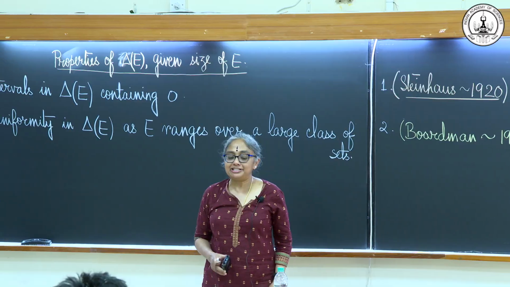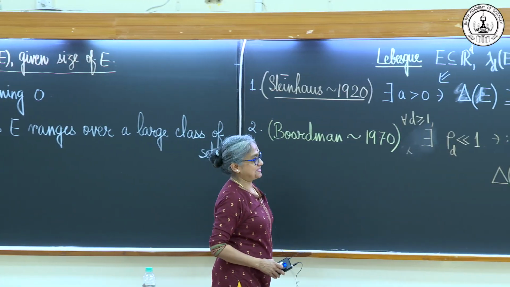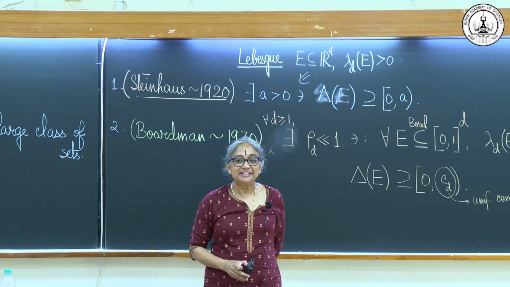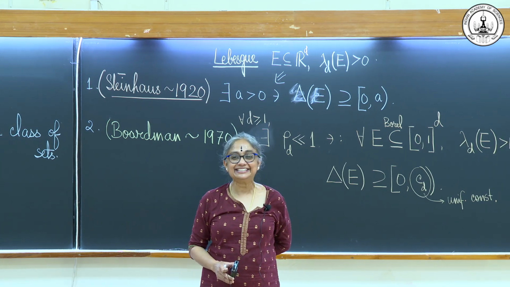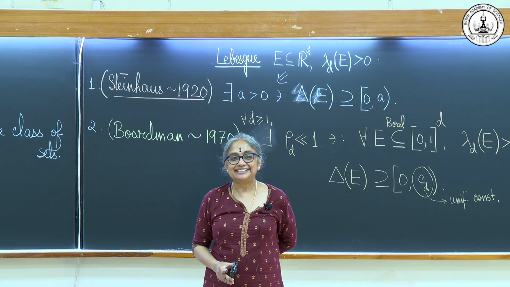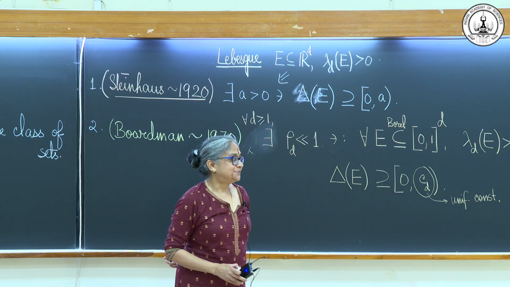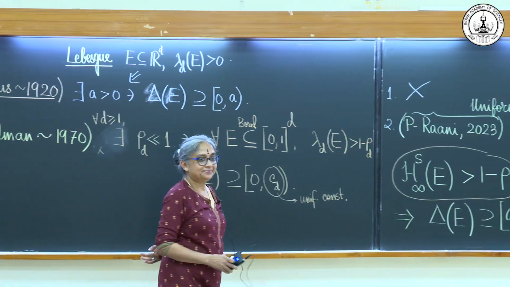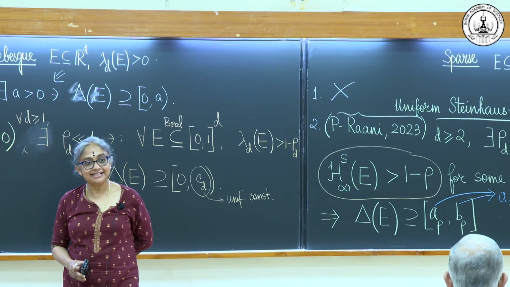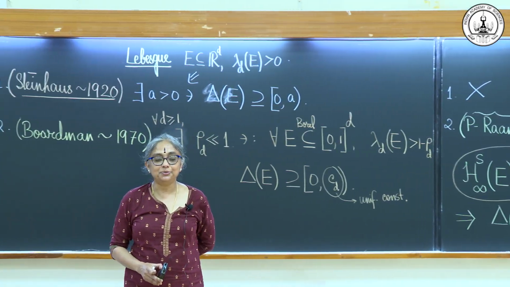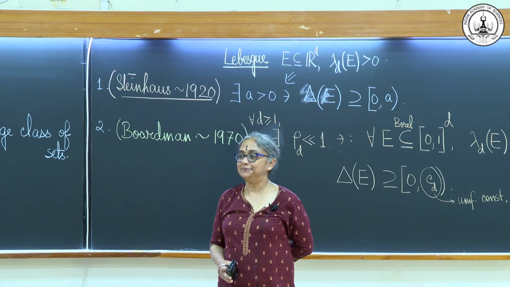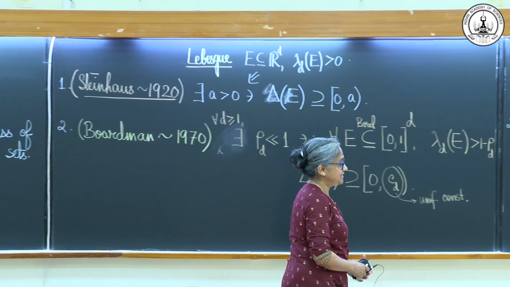At the risk of offending you, what is the one-dimensional Hausdorff content of the unit cube? Yes, that's okay. So what is the number? 1 to the s.